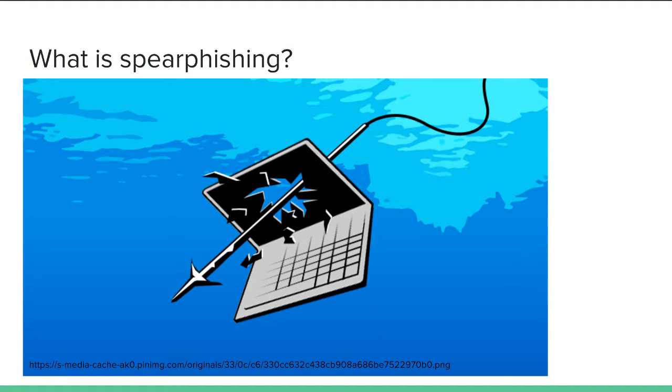And now we're going to get onto spear phishing. So what is spear phishing? Well, spear phishing is basically phishing, except the person who is sending you the email knows who you are. They're trying to use social engineering to get your information because they know that you have something valuable that they want. This is also the kind of thing that can happen in education, because we do have personal data.